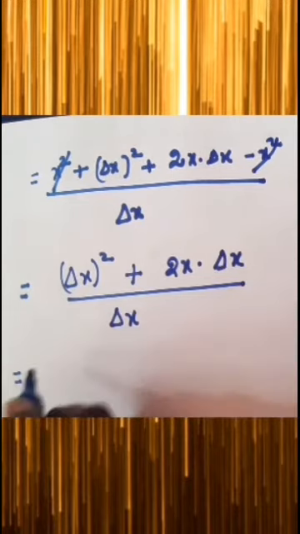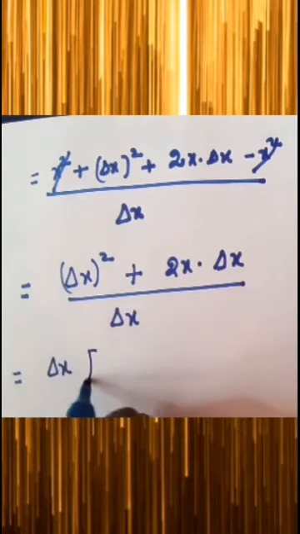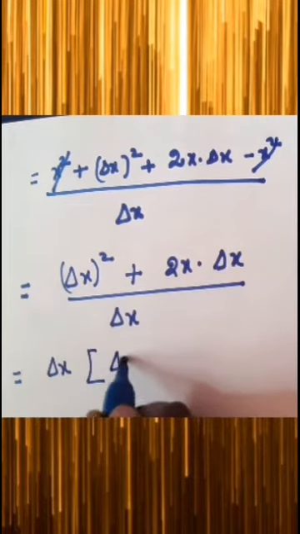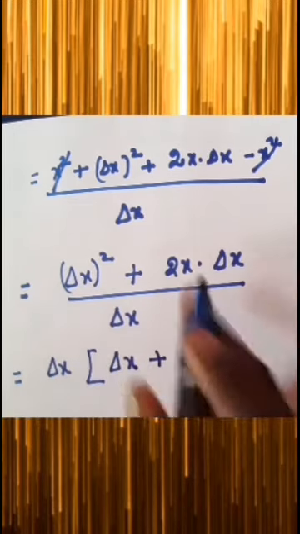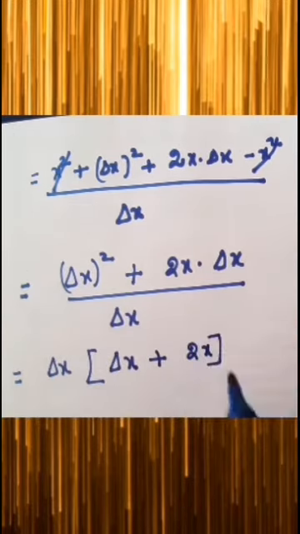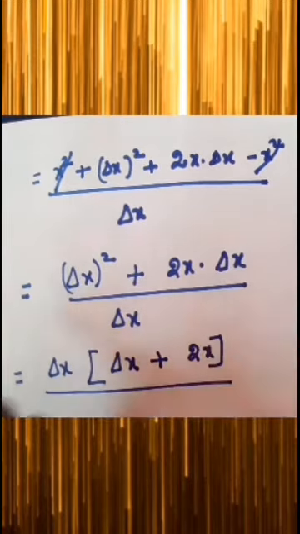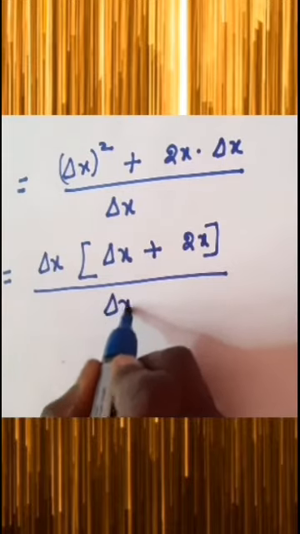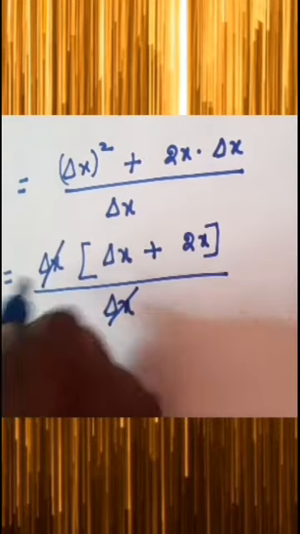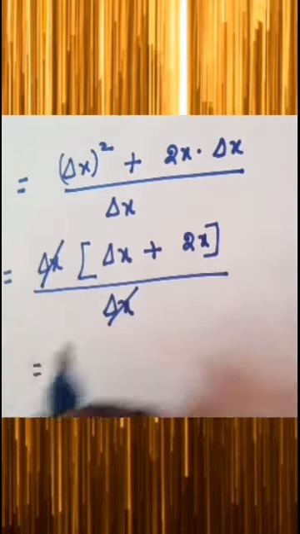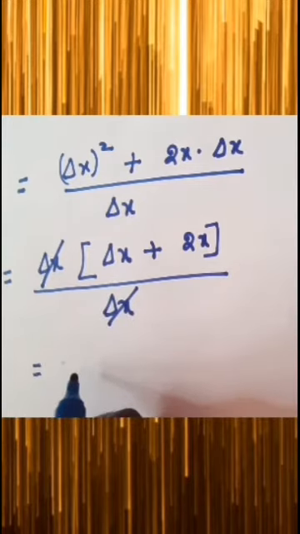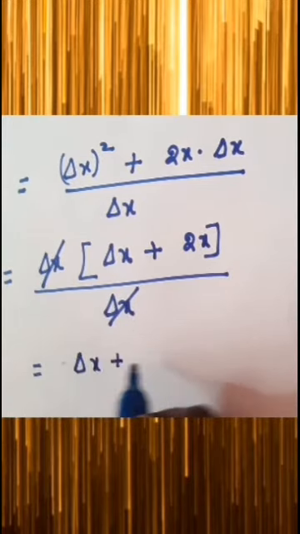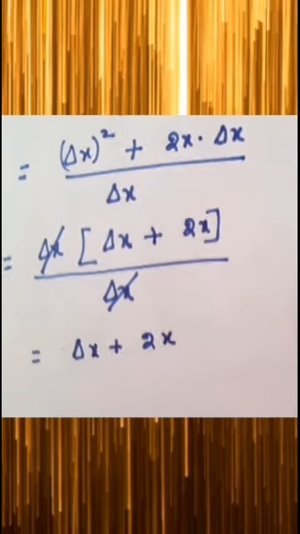Can I take common out? I'll take delta x common out. What is remaining? Delta x plus 2x, because I have taken delta x out, divided by delta x. Delta x will get cancelled. So what you have? Delta x plus 2x.